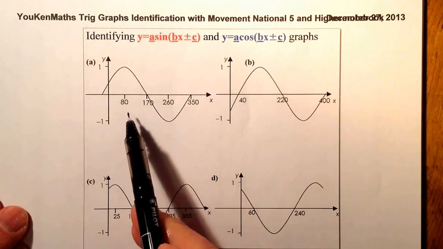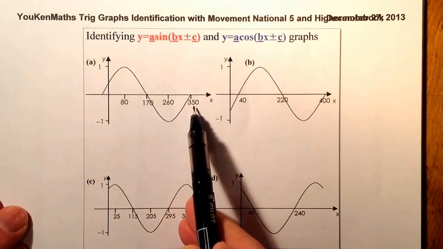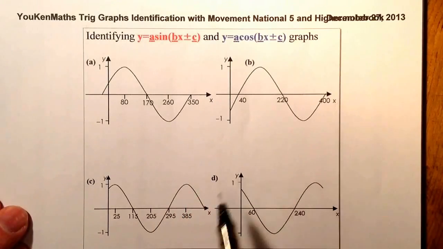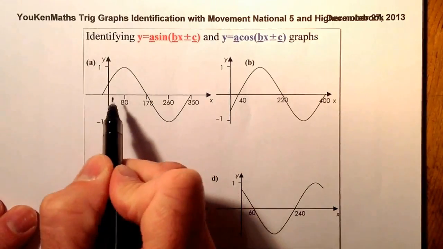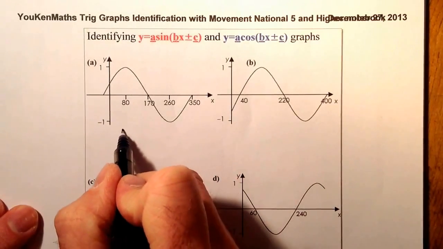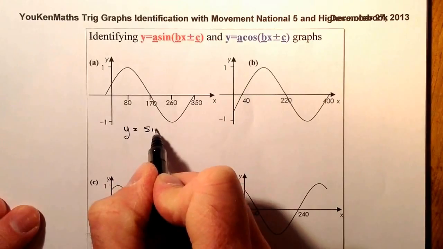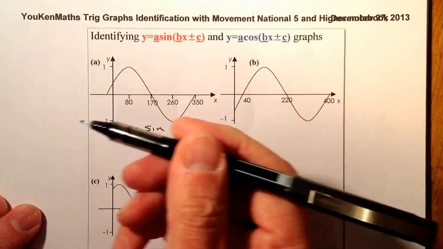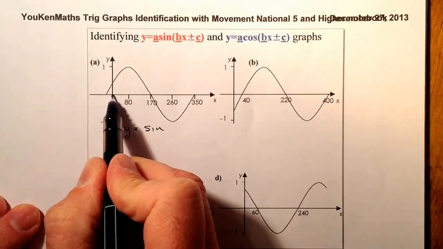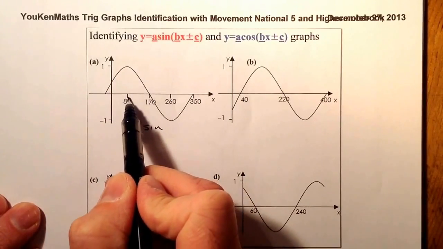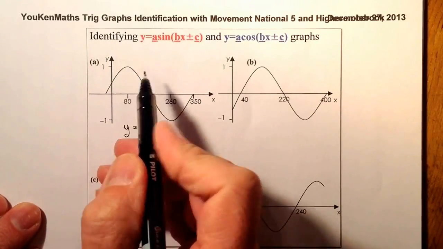If I look at the values that are in here, they're a bit different from just the 360 degrees that I'm normally seeing, but that's because the graph has moved one way or the other. I can see this graph is a sine graph, so y is equal to sine. It's been pulled to the left a bit. I've got 80, and that's peaked up there.